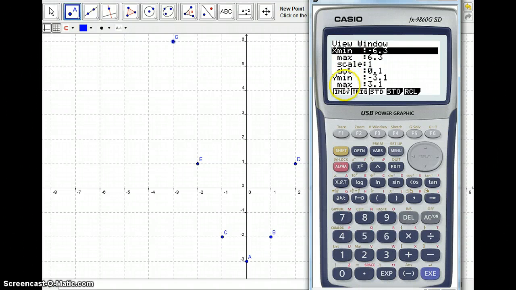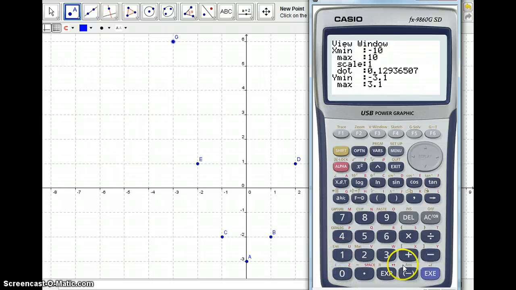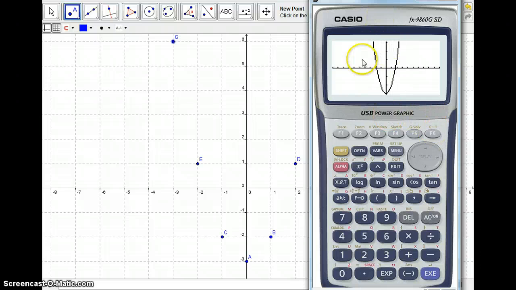And then this shows you the limits on the y-axis. If you push INIT, it'll basically set it up at -6, +6, -3, +3. But you can go in here and change them to what you want. Say -10, +10, execute, and then exit out, redraw, and see it goes from -10 to +10. So you've changed the window that you're looking at.